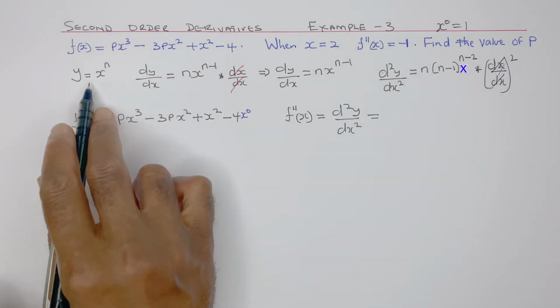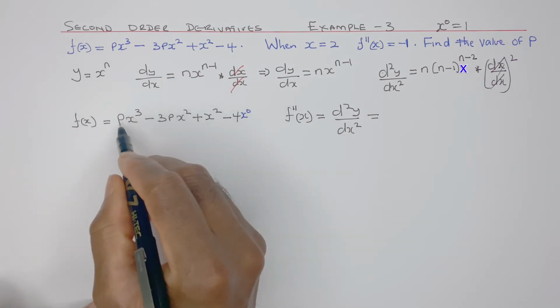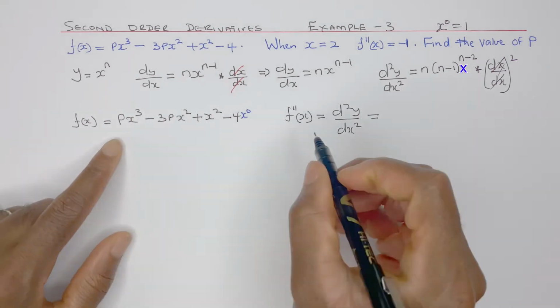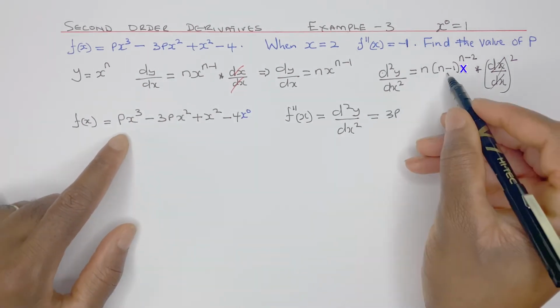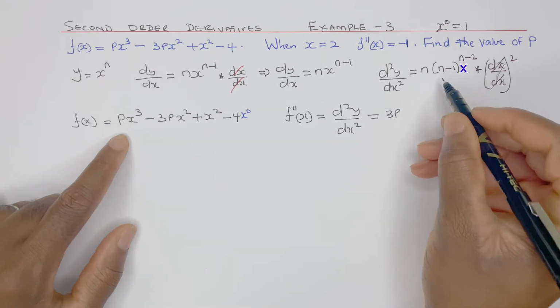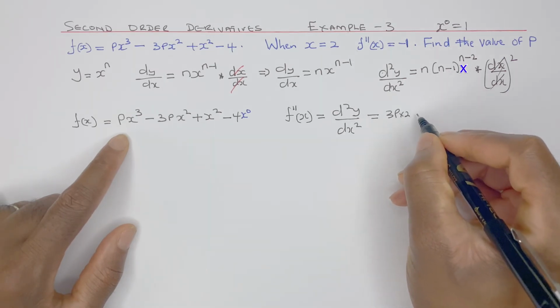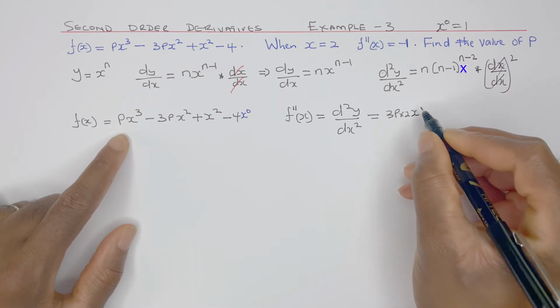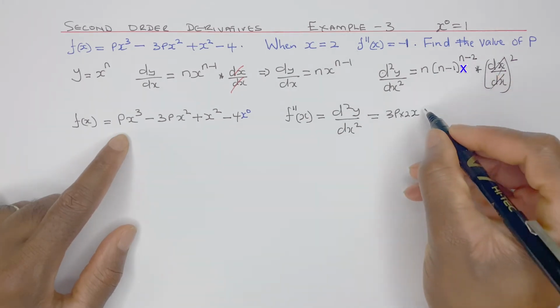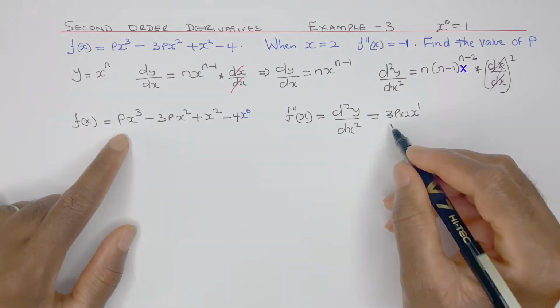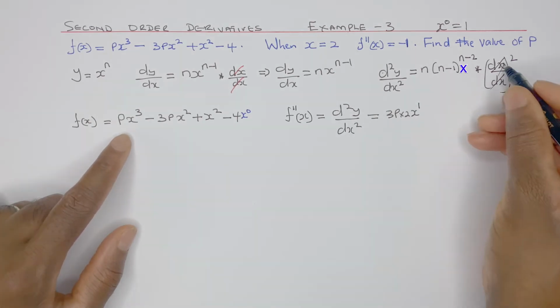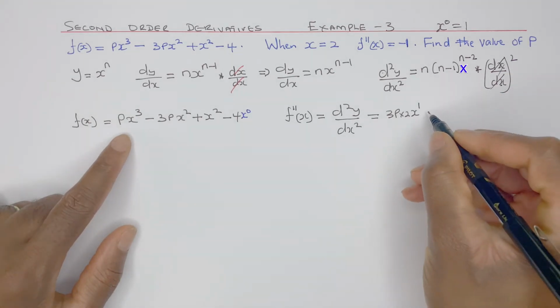So now we can apply the derivative. 3 times p, that'll be 3p, times the 3 is n, so that'll be times 2, times 2. Then we've got x, 3 minus 2, that's just 1. So that's the second derivative. The x is just 1.